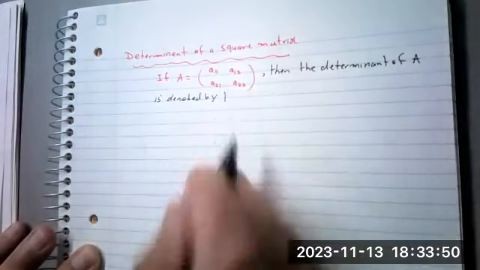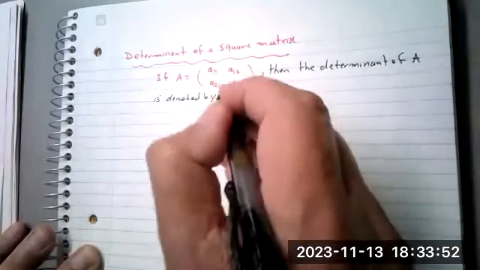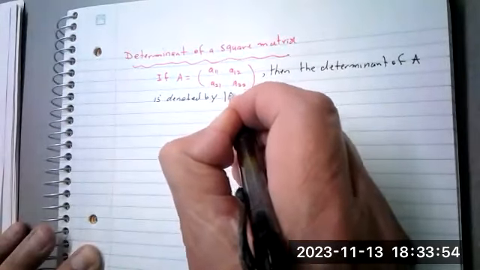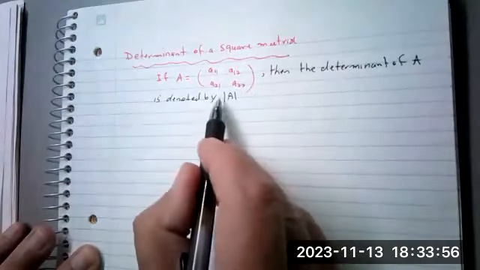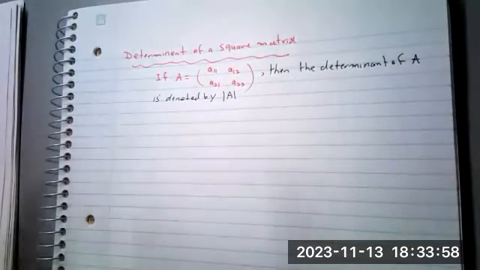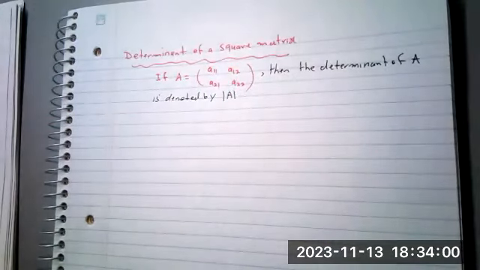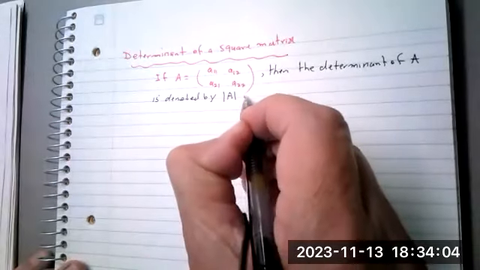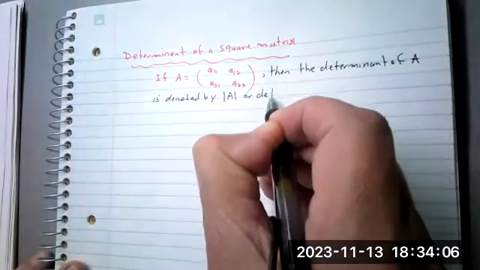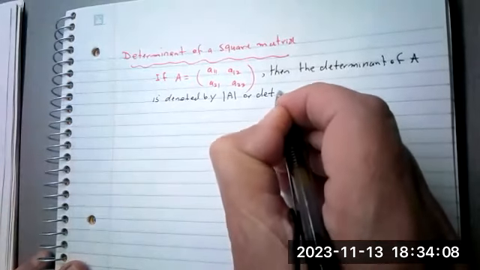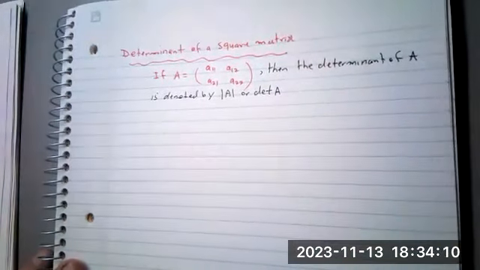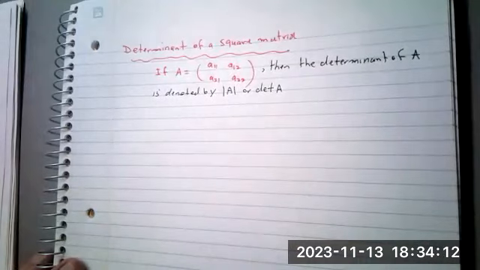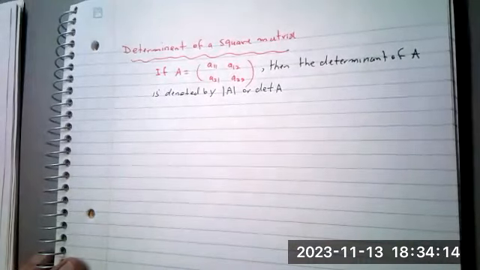You can use the straight vertical line, like the absolute value. If you write your matrix with this notation rather than the parenthesis type, this means you are talking about the determinant. But we usually use the most convenient one, det of A. I use the second one when I write it down.